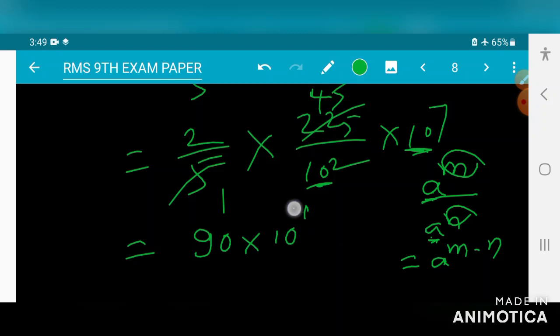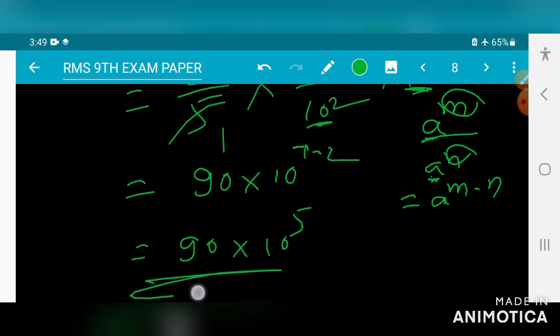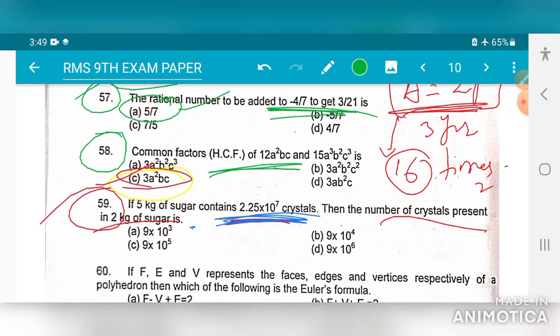M minus n means 7 minus 2. Understood now? Next, 90 into 10 to the power of 5. This is the required answer. Go for the next question.